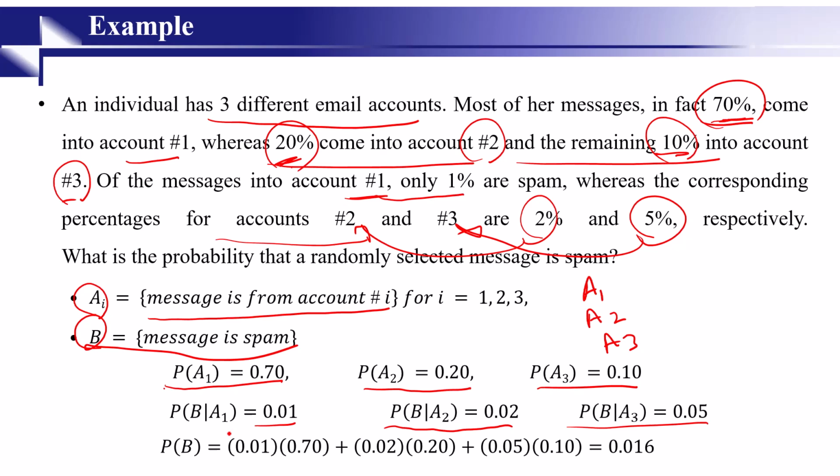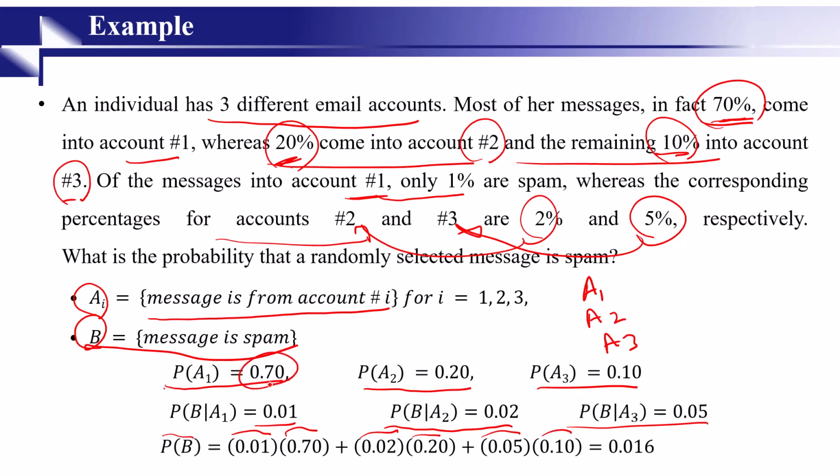Now, what is the probability that a random message is a spam? So, based on the law of total probability, P(B) is equal to P(B given A1) multiplied by P(A1), plus P(B given A2) multiplied by P(A2), plus P(B given A3) multiplied by P(A3).